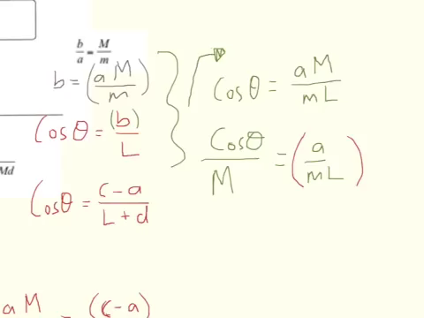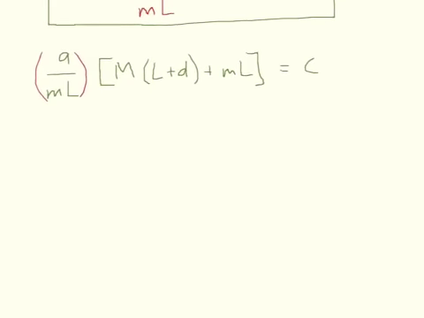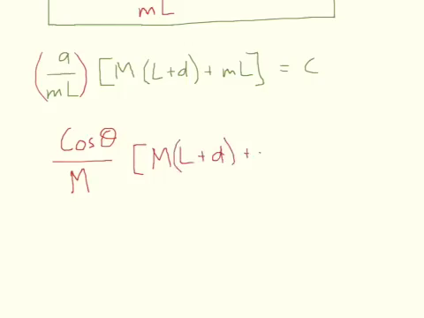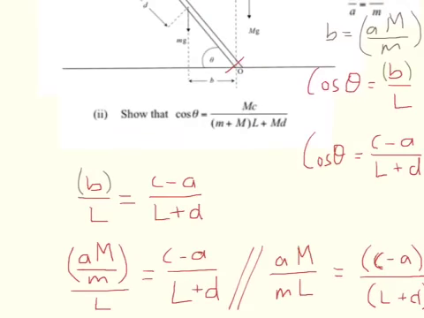Okay, you can see where we're going. Cos theta over M, back down here, and you can see this is a big difficult question, but let's go right ahead and do it. So cos theta over capital M times capital M L in brackets, L plus D plus ml, equals C, and we've actually now got all of the elements of this, and now it's just a matter of rearranging them to get to what you want.